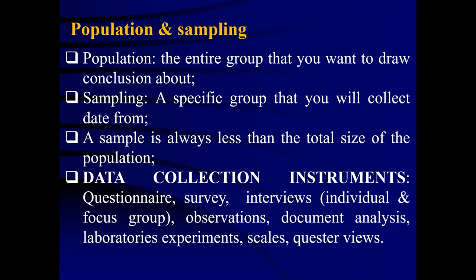Then you can have observation as well. With observation, you also need to specify what kind of observation you are going to conduct. Is it participatory observation or non-participatory observation? So that has to be clear in your proposal.